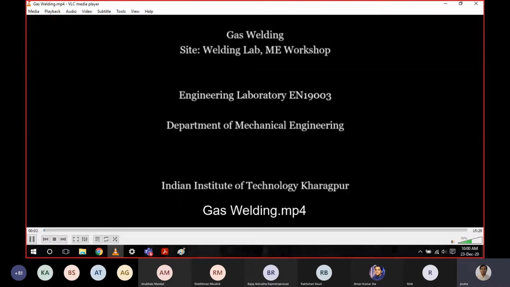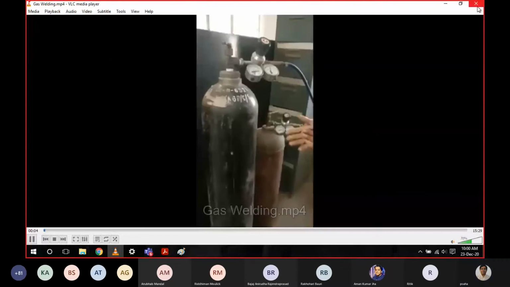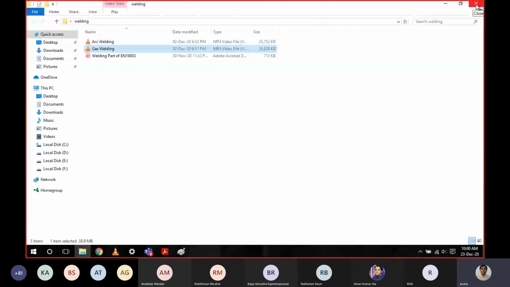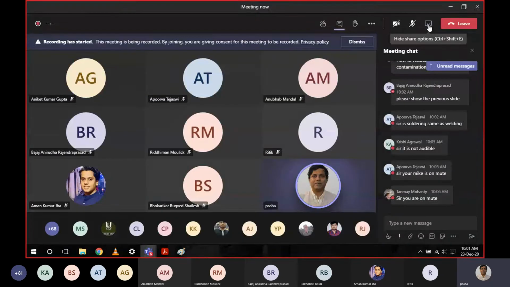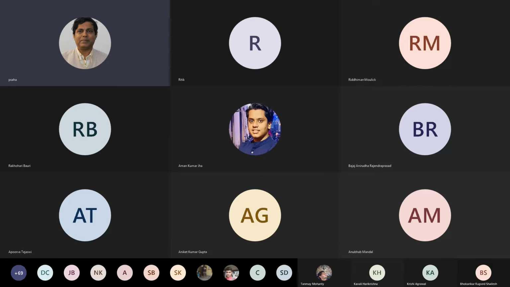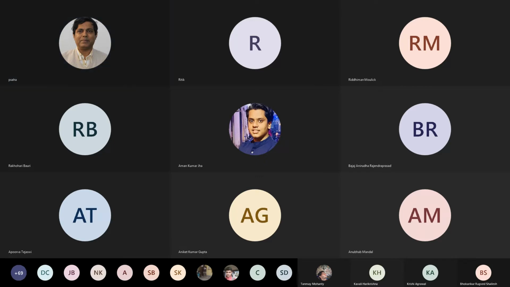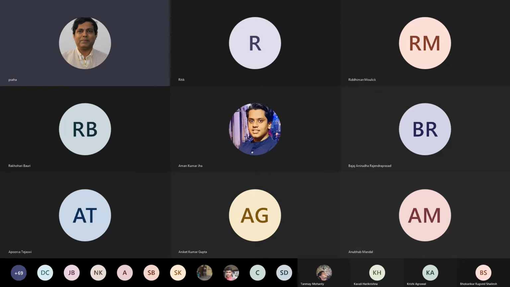No, not this way, it will not come. Please unshare first. Completely unshare your screen, completely come out. Yes, unshare. You are still sharing your screen.